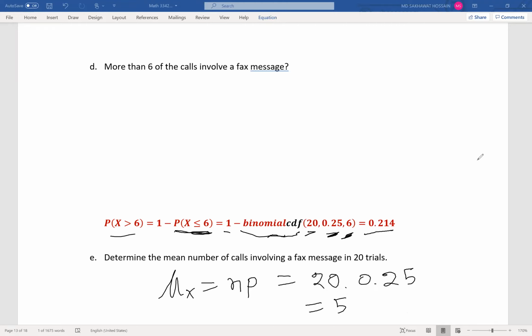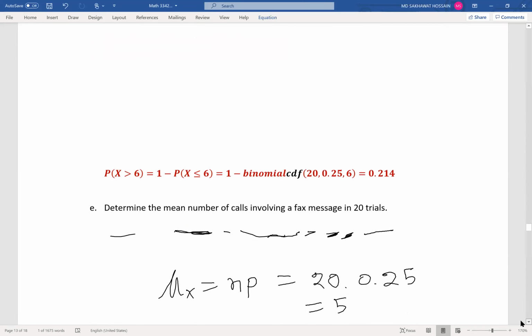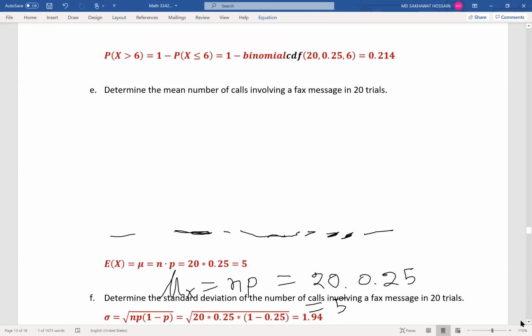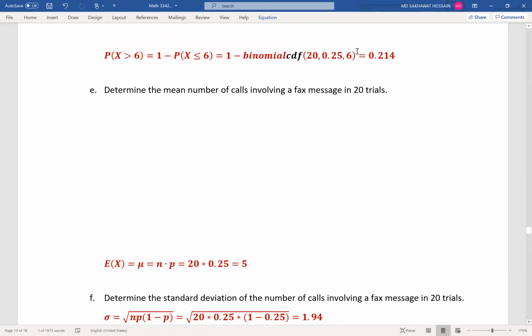So the mean is 5. Here you can see the mean is 20 times 0.25, so the mean is 5.